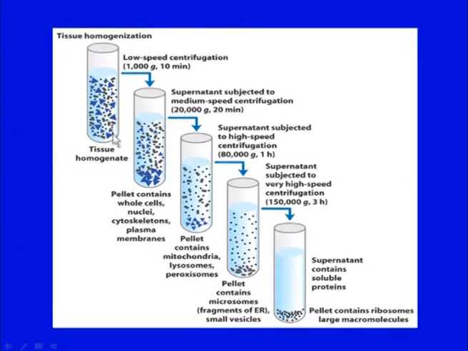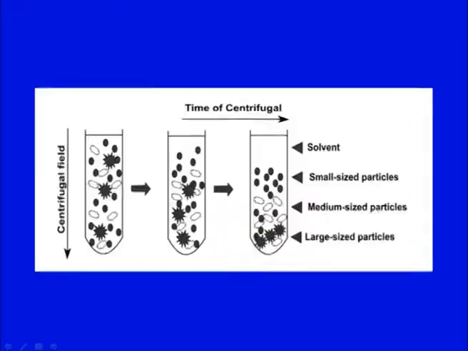So, this is how differential centrifugation is done in steps, and a lot of things could be separated on the basis of their rate of sedimentation, which is dependent on the applied centrifugal field and their mass.